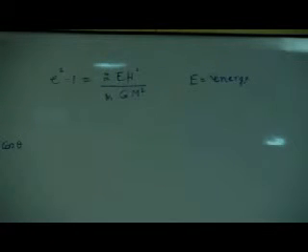To derive this, let's call these points A and A prime. The energy at this point A is nothing but the potential energy plus the kinetic energy. The potential energy here is minus GM divided by this distance.